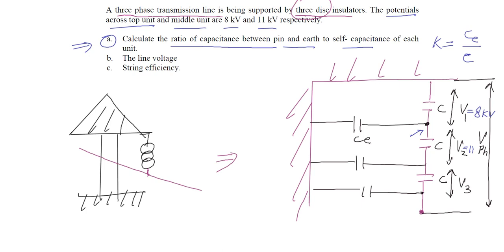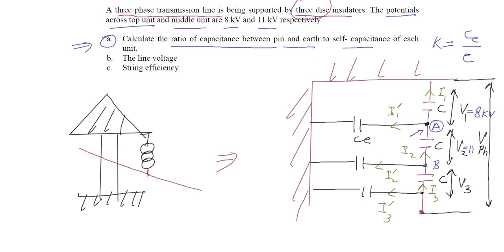So now we name this node as A and we name this node as B. Okay, and the currents flowing through each of the insulators, through each of the capacitances, we can label them as, let's suppose I1, and this current flowing here through the earth capacitance is I1 bar, and this current flowing through the middle capacitor is I2, and this current flowing through this earth capacitance is I2 bar, and this current is I3, and this current is I3 bar.